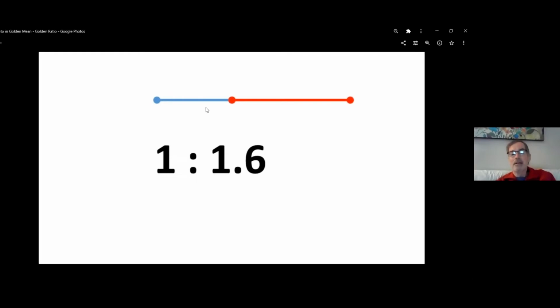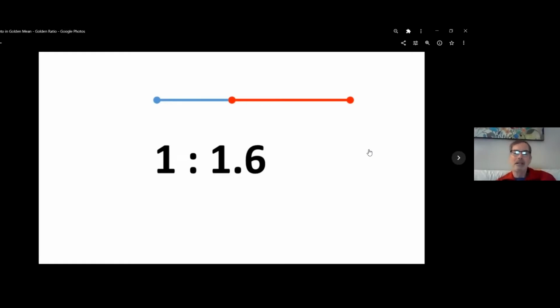Got that? So the blue line to this one is 1.6. If you take the red line and compare it to the whole thing from the start to finish, that also, the whole line is 1 to 1.6. And that can carry on forever.